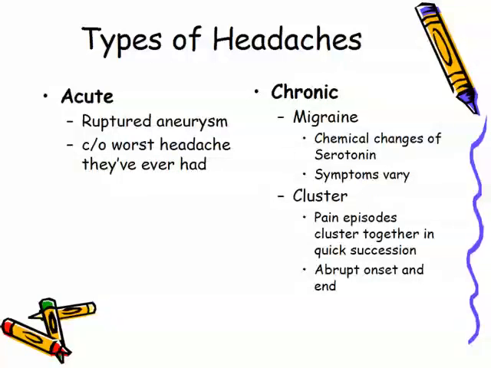Cluster headaches are typically more common in men, whereas migraine headaches are more common in women, and typically the headache will be unilateral. Patients will complain of a burning pain behind and around the eyes, and this can last from several weeks to several months. So this just gives you a quick overview of some of the different types of headaches that we see.